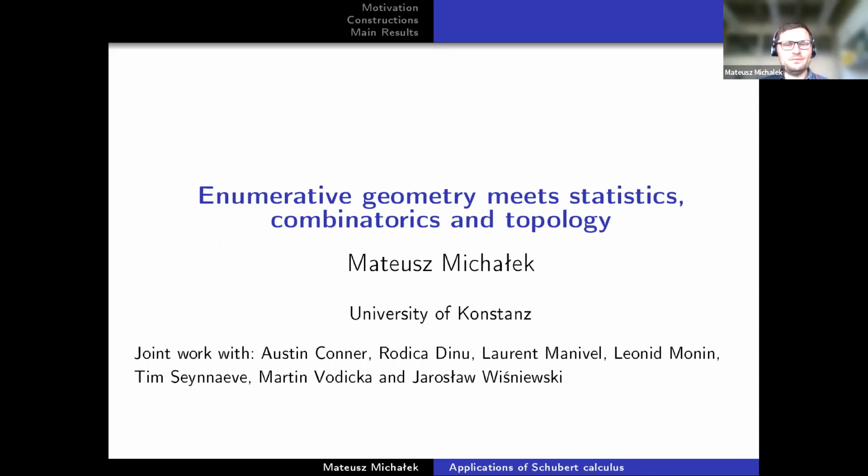Indeed, it will be about interactions among quite different branches of mathematics: geometry, statistics, combinatorics, and topology. I often introduce myself by saying that I am an algebraic geometer by training, but a combinatorist by heart. So in particular, I very much like when answers to mathematical problems are very easy.